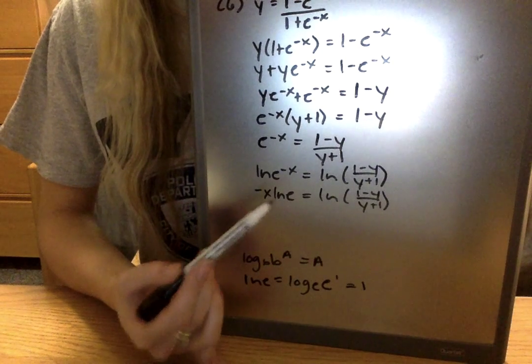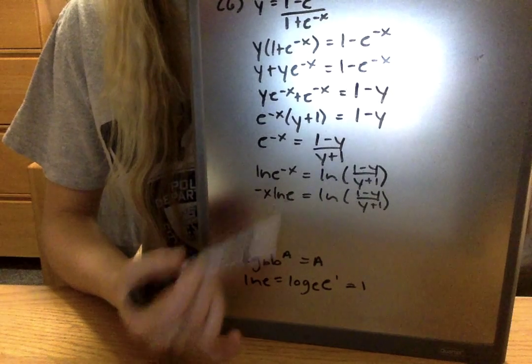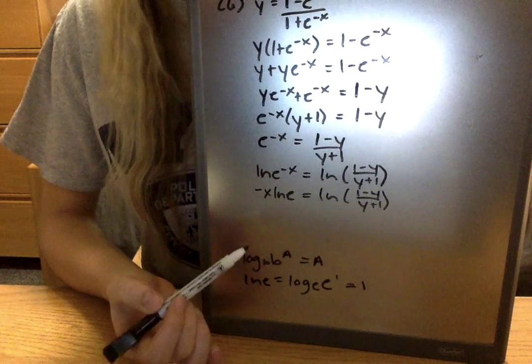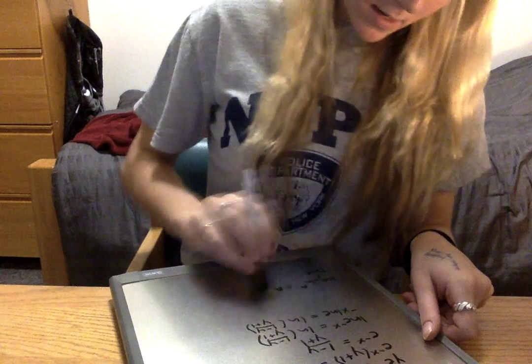So in this case, we have ln e, so we know that's equal to 1, so we're just multiplying the negative x by 1. So on this side, all that is remaining is the negative x. So I'll write that in.